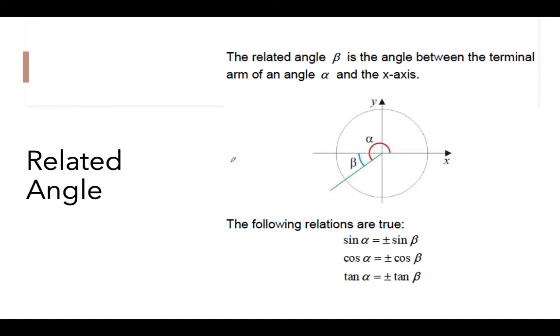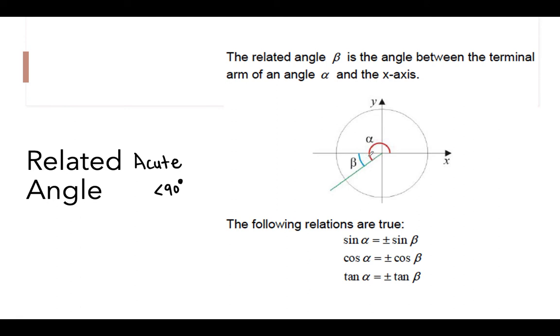Okay, so related angle, we actually call it a related acute angle. The reason why it's an acute angle is because it has to be less than 90 degrees. Now, the related angle, in this case represented as beta, is the angle between the terminal arm, in this case the green, of an angle alpha and the x-axis.